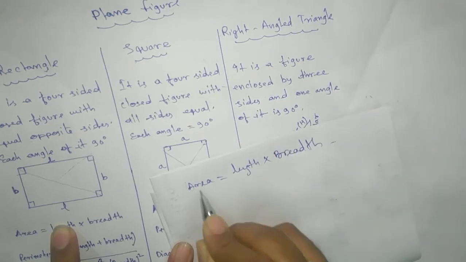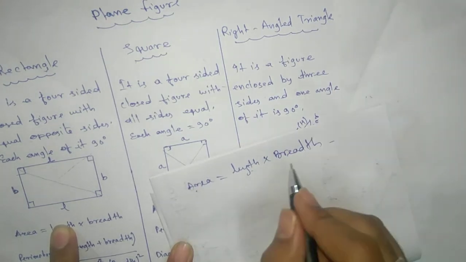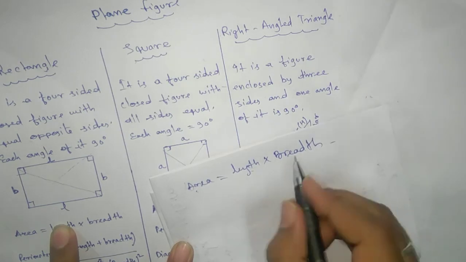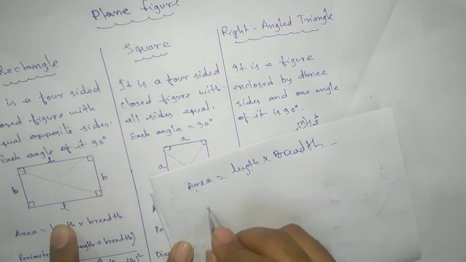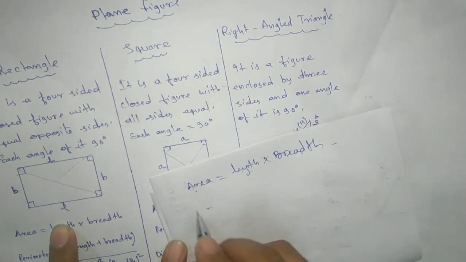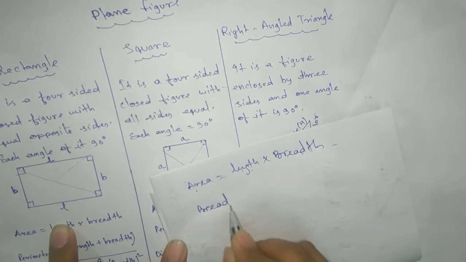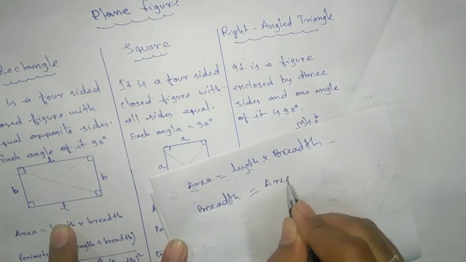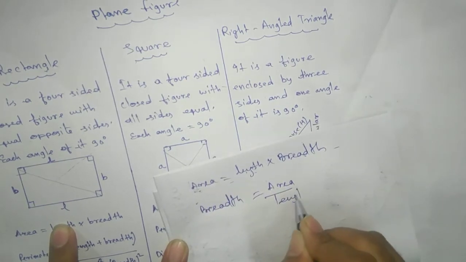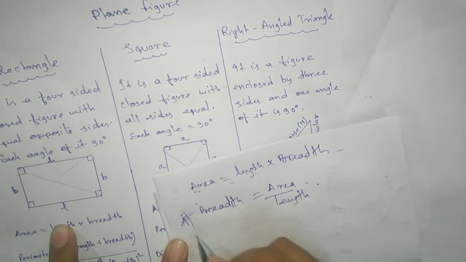That means whenever area and the length are given, you need to find the breadth. So how are you going to find? You keep your breadth this side, take your length at the denominator place. That means breadth equals to area by length. This is one formula to find breadth.